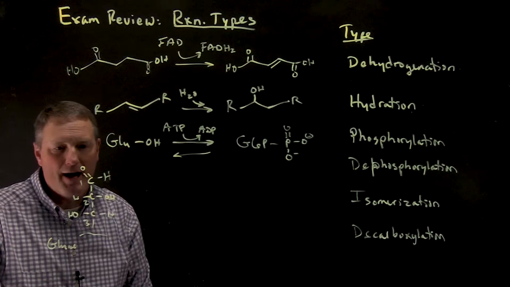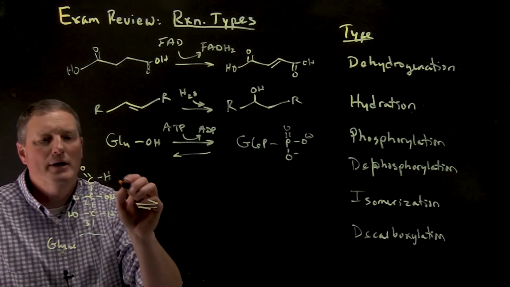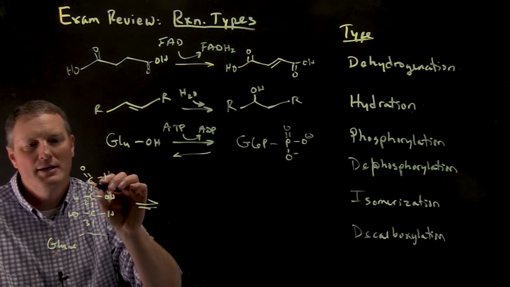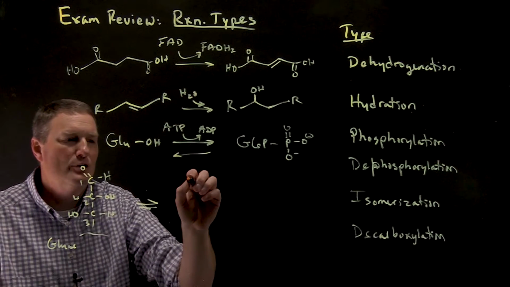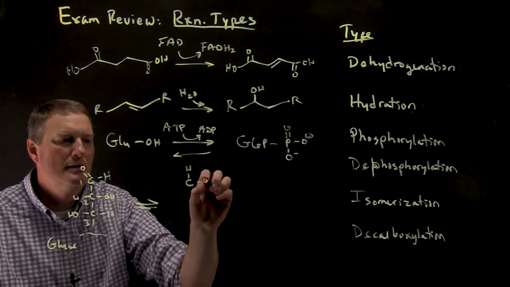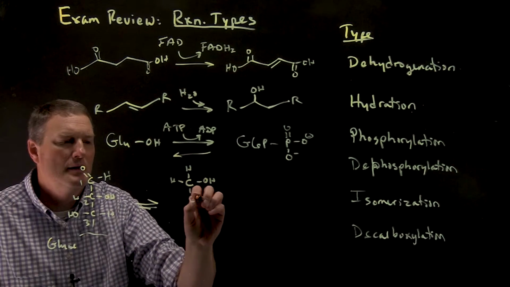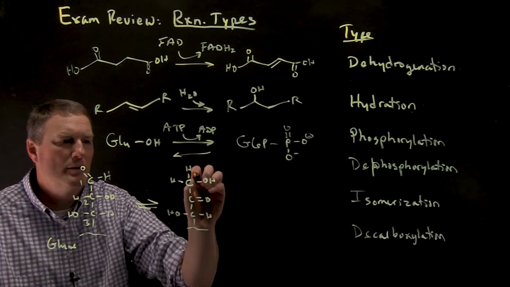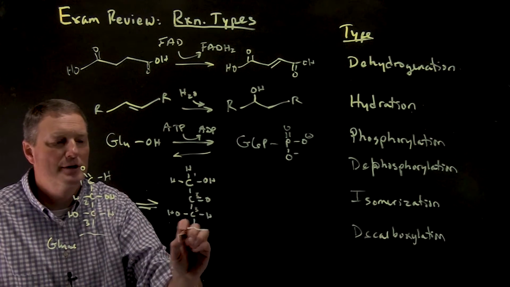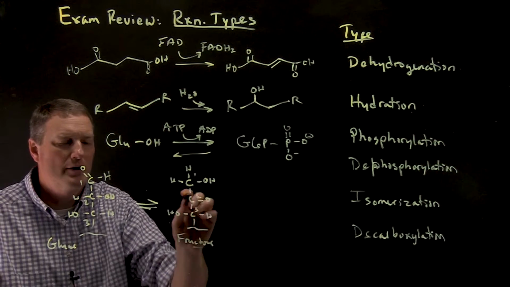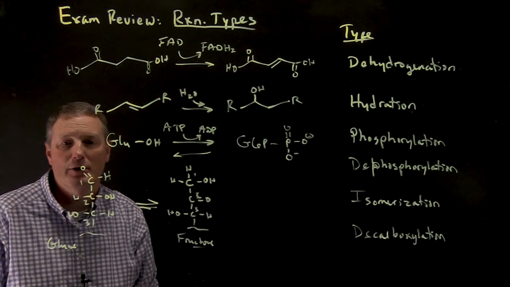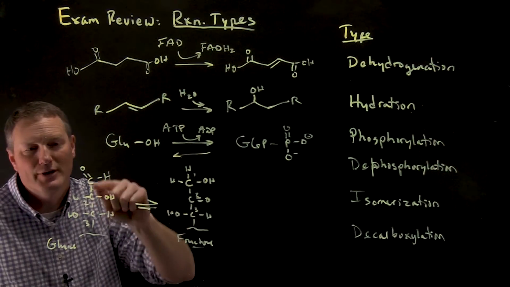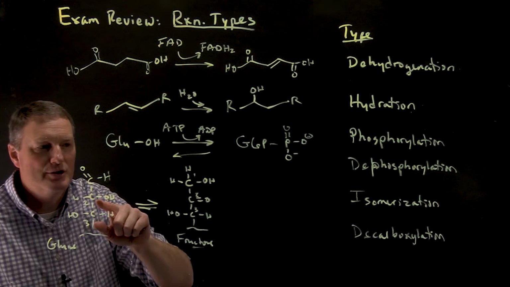If this were to isomerize, what can happen is that the position of the double bond can isomerize from carbon 1 to carbon 2. So this can become carbon 1, 2, and 3, and this would be fructose. Notice how carbon 2 has become a ketone. So that's an isomerization reaction where we've moved the double bond from position 1 to position 2.